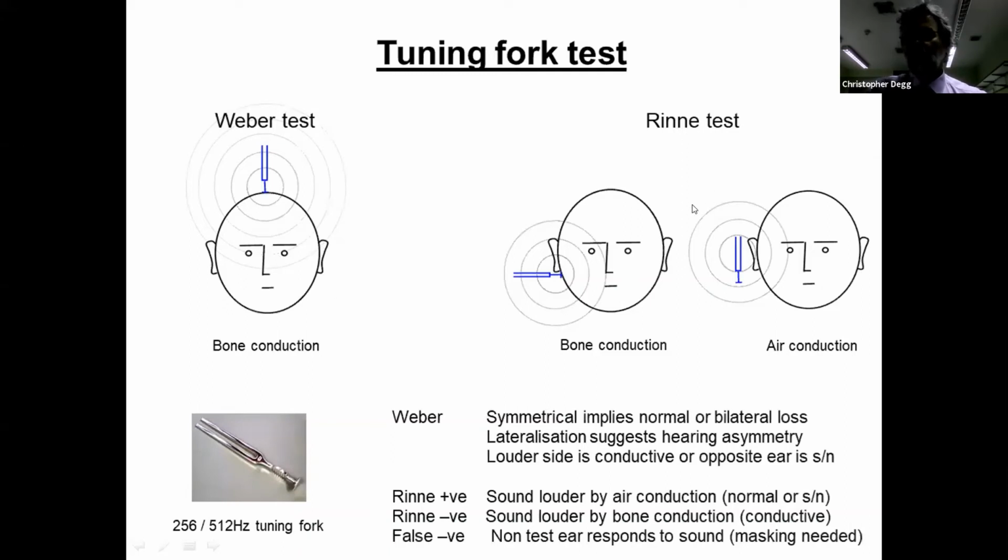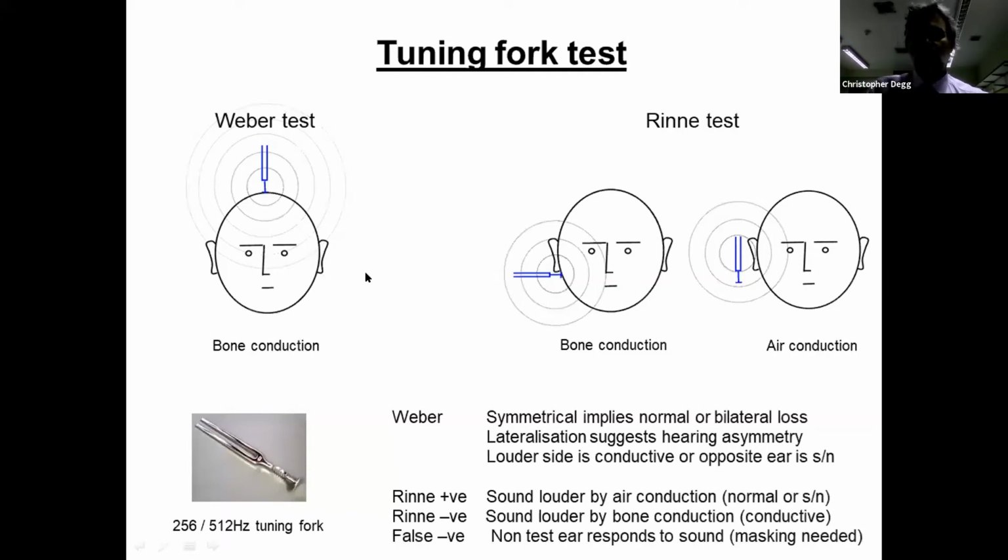So that's where the second test comes in. We strike the tuning fork again, press it on the bone, ask them to listen to it, then present it to the ear canal, and ask them which one was louder. If they are normal, then the air conduction one should be louder than bone conduction. If they've got a conductive hearing loss, then the bone conduction one will be louder than air conduction.